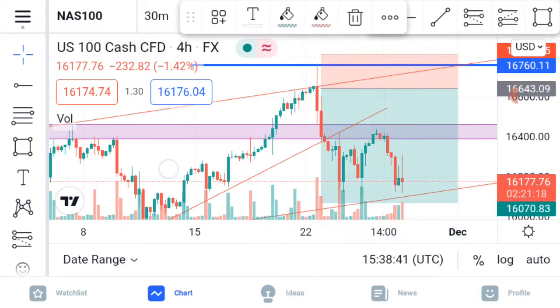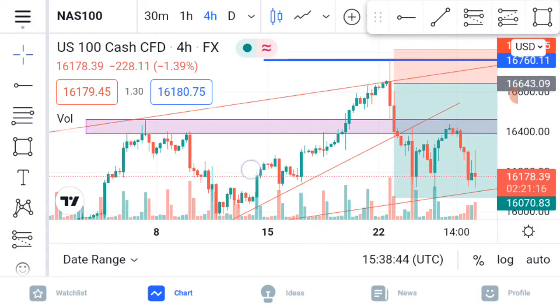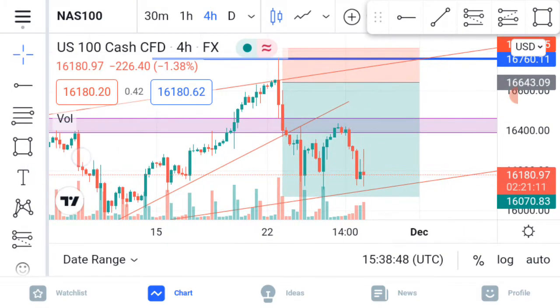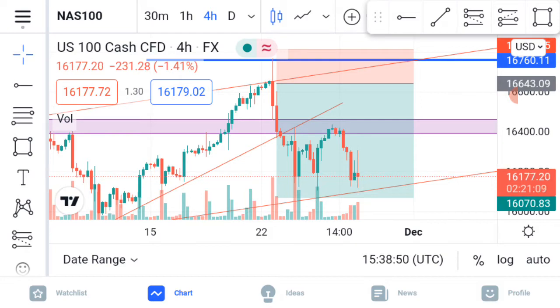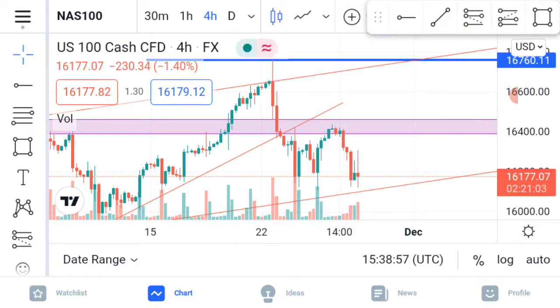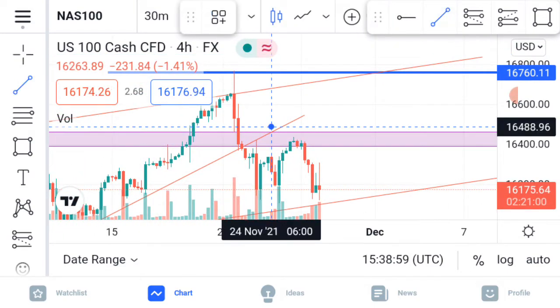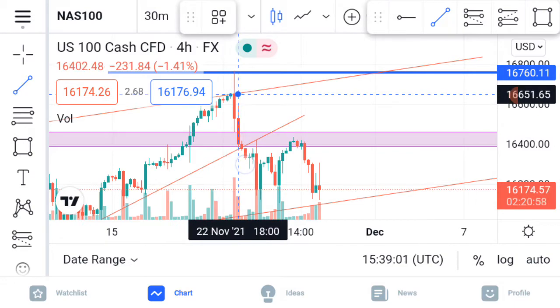Look at this, a bearish move inside a bullish trend. It's a head and shoulder, yes, but I'm not accusing the market in any way. So what I can say is that I can see a bearish trend inside a bullish trend.